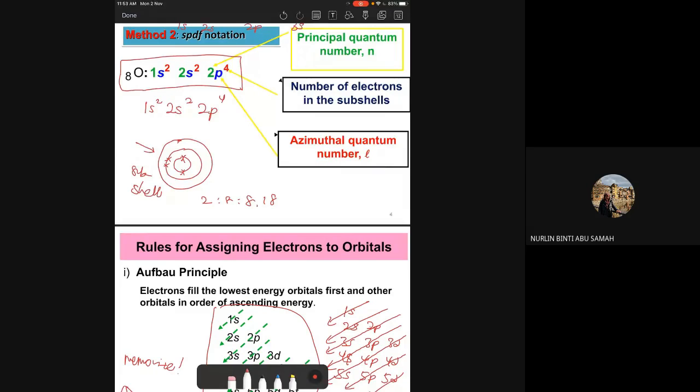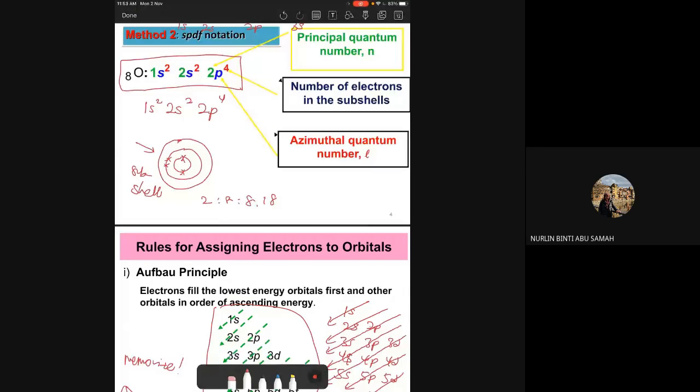Kenapa kamu belajar SPDF ni adalah sebab dia sebahagian daripada atomic structure. Maksudnya kalau kamu belajar structure macam mana nak bina bangunan, kamu pun kena tahu determine dia punya ukuran berapa, betul? Bukan just setakat lukis macam arkitek, kalau kamu engineer lah.